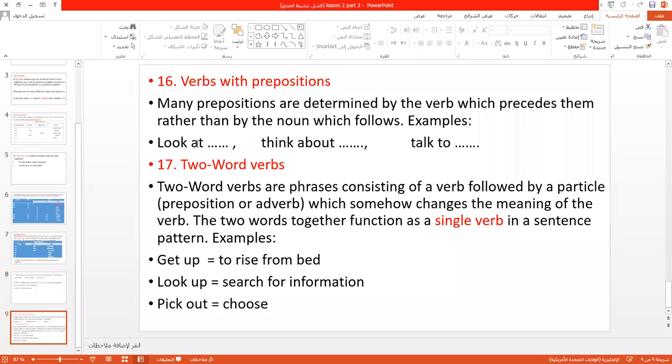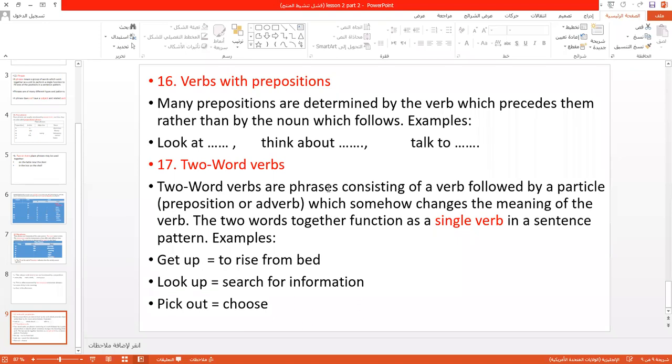In the noun phrase, the place phrase and the time phrase, we put the preposition at the beginning of the phrase. While in the verb phrase, where is the place of the preposition? After the verb. Look at, think about, talk to. And as you see, two-word verbs. Here, two words act like a verb.